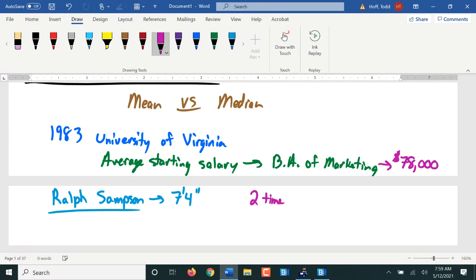Both his junior and senior year, he was the NCAA Men's Basketball Player of the Year. But guess where he worked the next year? He was the first pick in the NBA draft for the Houston Rockets. So multi-million-dollar contract.